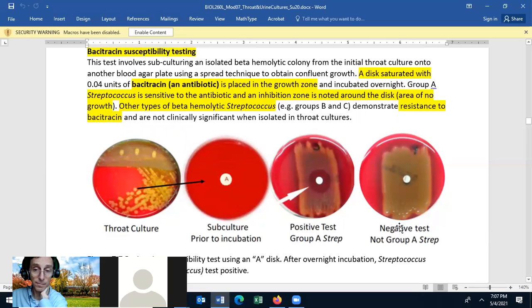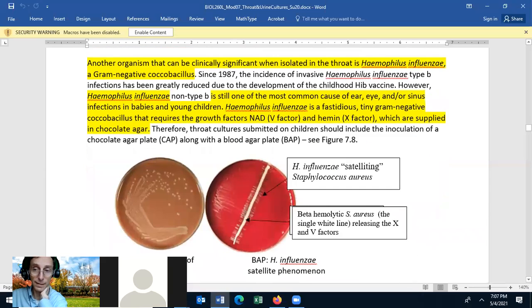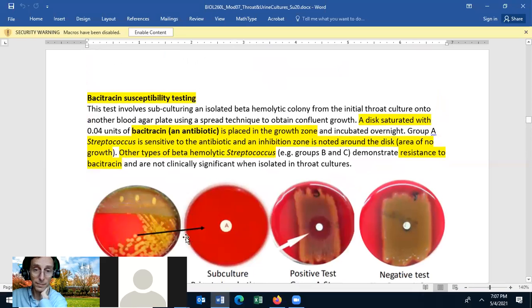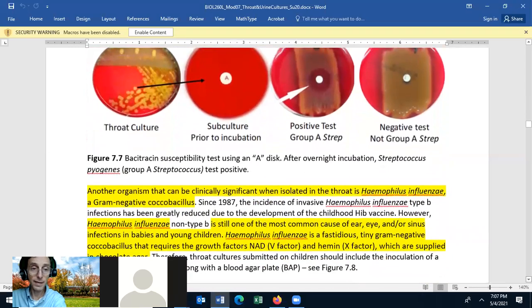If the bacteria are not sensitive to bacitracin, then it is not Streptococcus pyogenes. It's some other bacteria that is beta hemolytic on a blood agar plate. Okay? And Streptococcus groups B and C will look like this. Streptococcus pyogenes will look like this, or Streptococcus A. Any question about that?